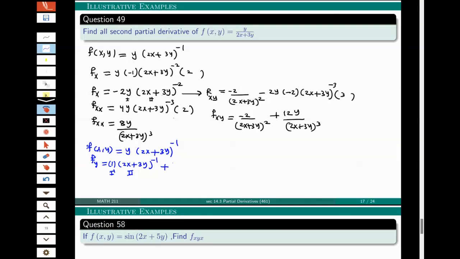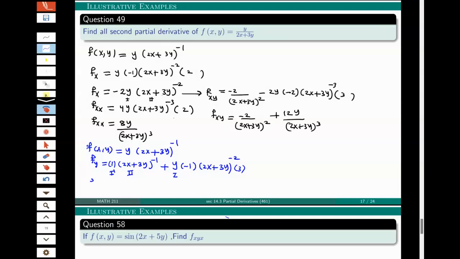Plus the first, times the derivative of the second, which will be minus 1. Again, here we have the chain rule, 2x plus 3y raised to the power minus 2. The derivative of the inside will be 3.